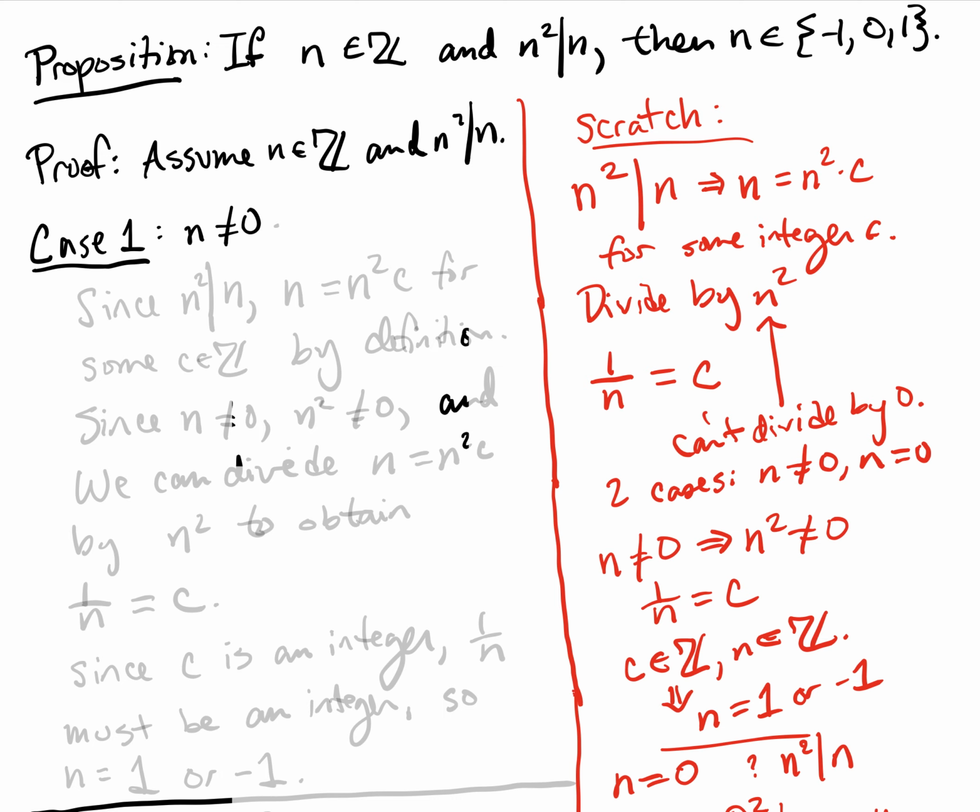It doesn't matter what order you approach these in. Since n squared divides n, that means that n is equal to n squared times c for some integer c, by definition.